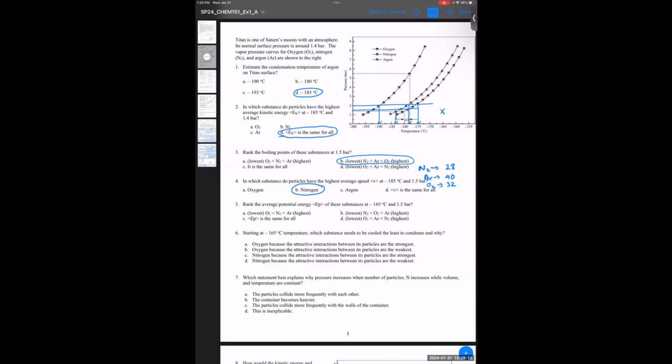On the other hand, nitrogen has the highest vapor pressure at any given temperature, meaning it has the weakest attractive interactions between the particles, meaning the highest potential energy. So based on that, I would select option D.